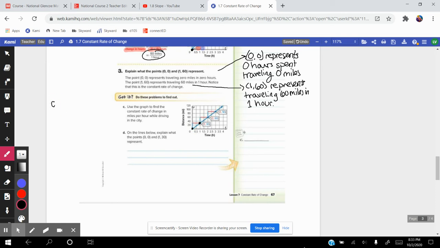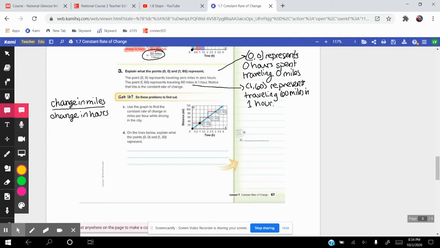So this is change in miles divided by the change in hours. So the change in miles is referring to the 30 and the 60.